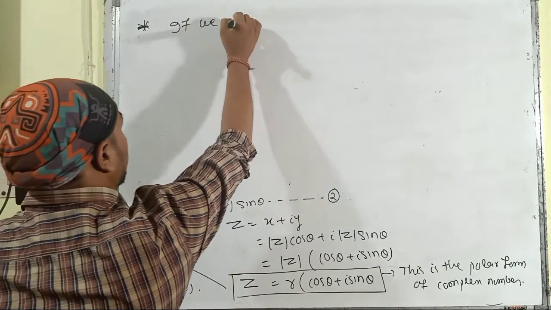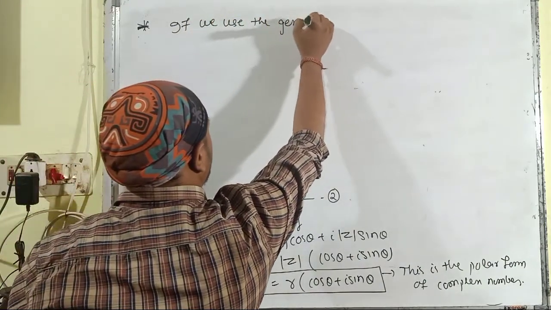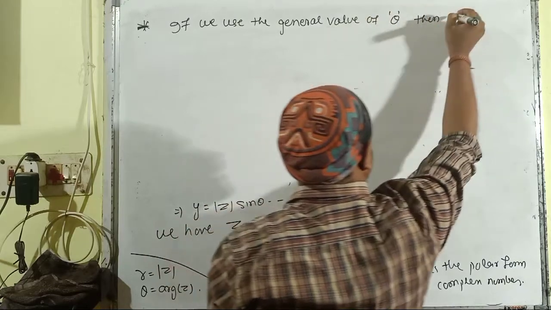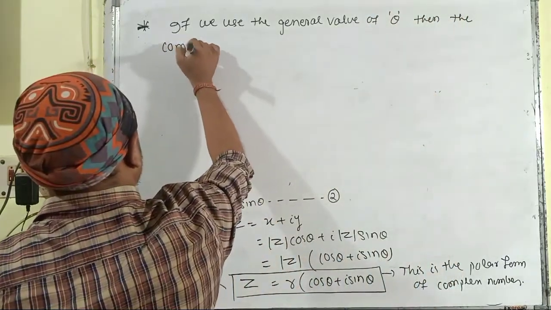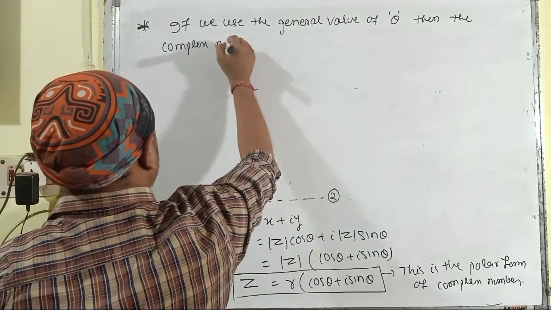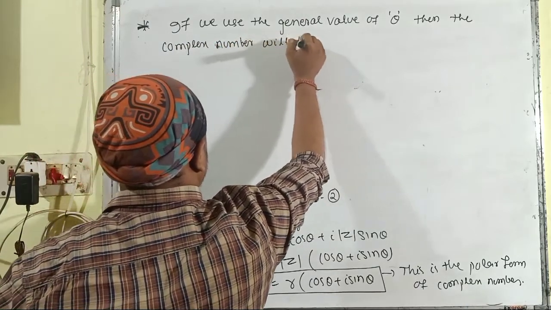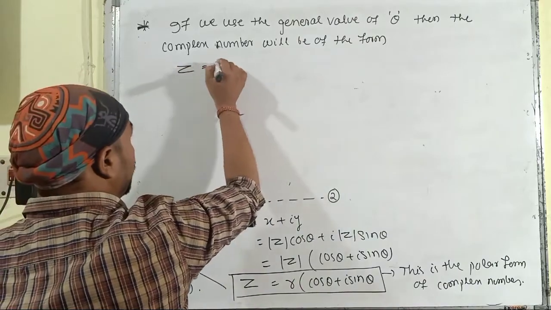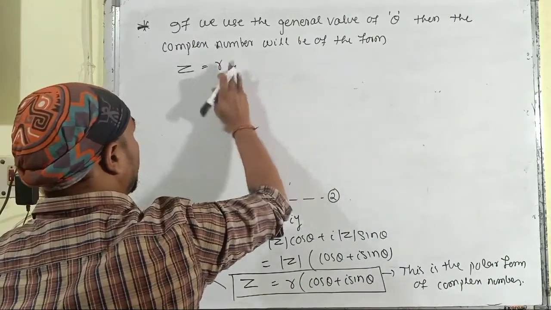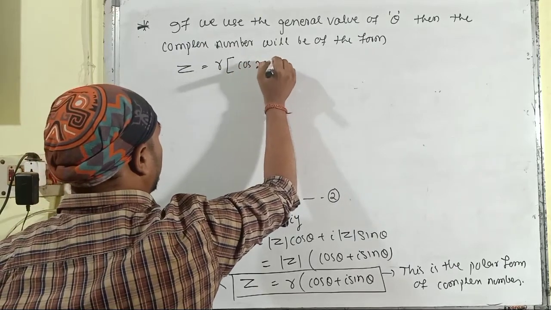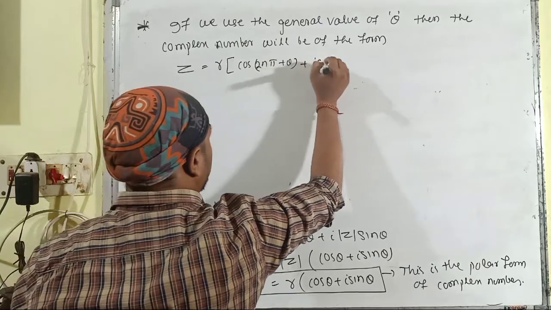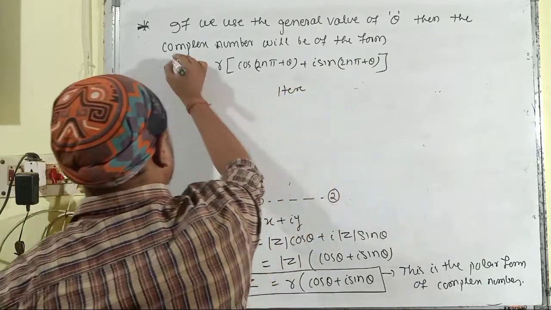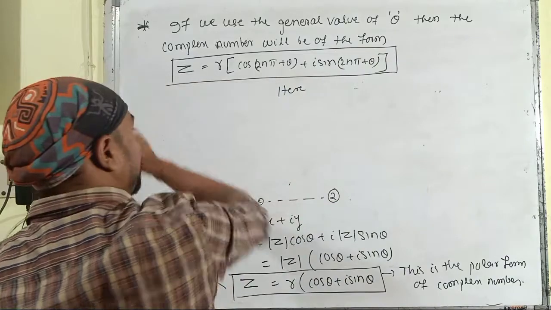If we use the general value of theta, then the complex number will be of the form z = r (cos(2nπ + theta) + i sin(2nπ + theta)), and this is the general value taken for theta.